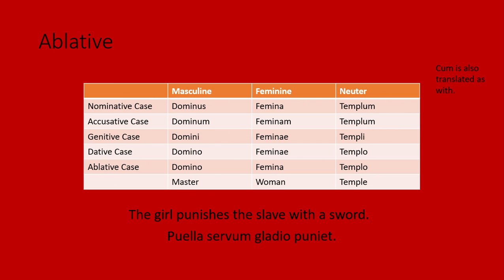The messenger with the girl, the boy with the man. So the correct translation here is puella servum gladio puniet, with gladio going into the ablative because it is the instrumental of puniet.